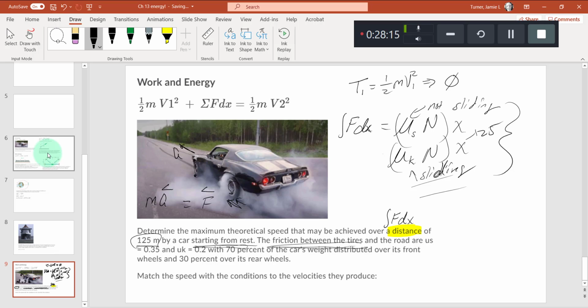So you have your starting energy, you're going to have a force through a distance, and that's going to give you your final velocity. So you can see how fast you can get up to in 125 meters if you're all the way up to the edge of what friction can handle in that scenario.